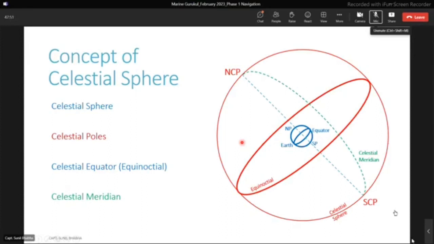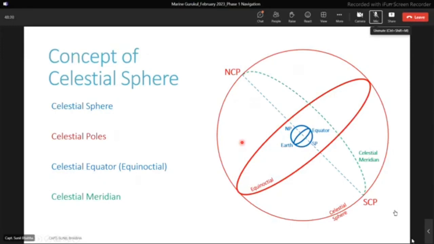Ecliptic is basically the path of the sun projected on the celestial sphere. Now this ecliptic cuts the equinoctial at two places, and these places are known as the first point of Aries and the first point of Libra. So if you use this first point of Aries as your reference and you measure the angle westwards of this first point of Aries, it is known as SHA, sidereal hour angle.